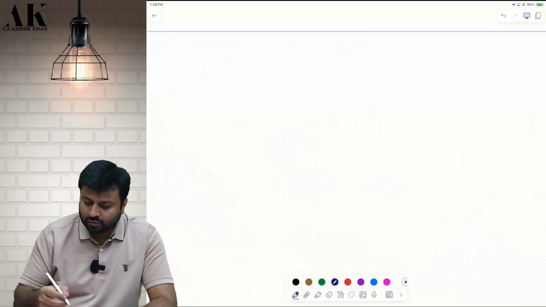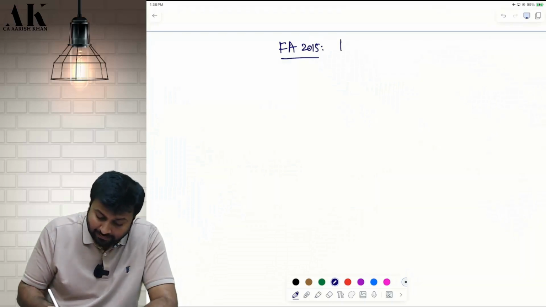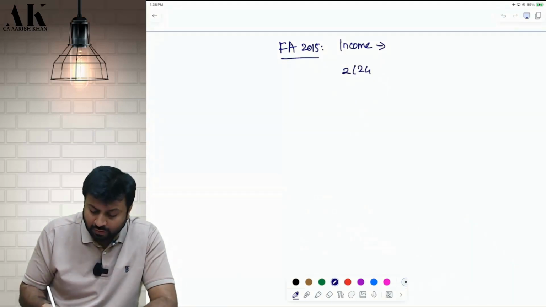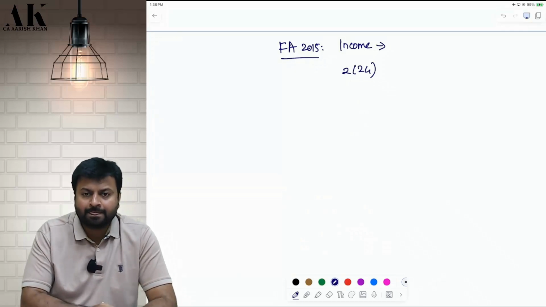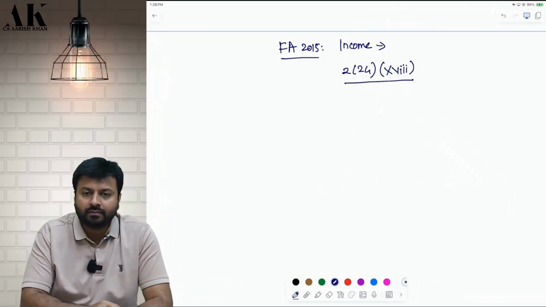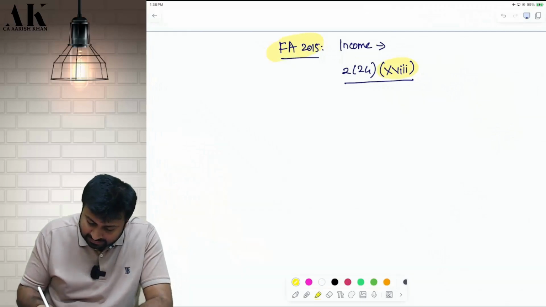So to cover such things, in the Finance Act 2015, the Government of India made an amendment in the definition of income. Income is defined under section 2(24), and they inserted one clause, section 2(24)(18), in 2015.